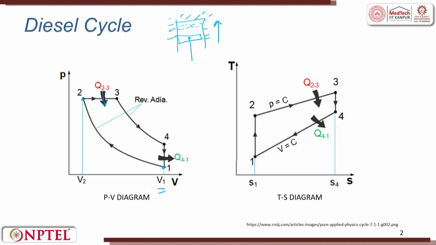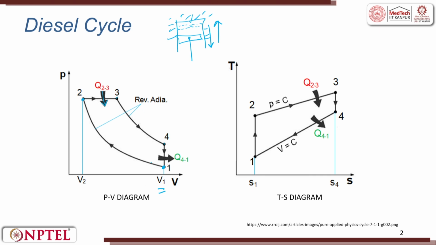Then after it has reached its maximum position, and when the Q is injected, the heat whichever is there, it is trying to ignite, and afterwards it will try to move down. When it is trying to move down, then the pressure will be reduced, the volume is expanded, which is from 3 to 4.